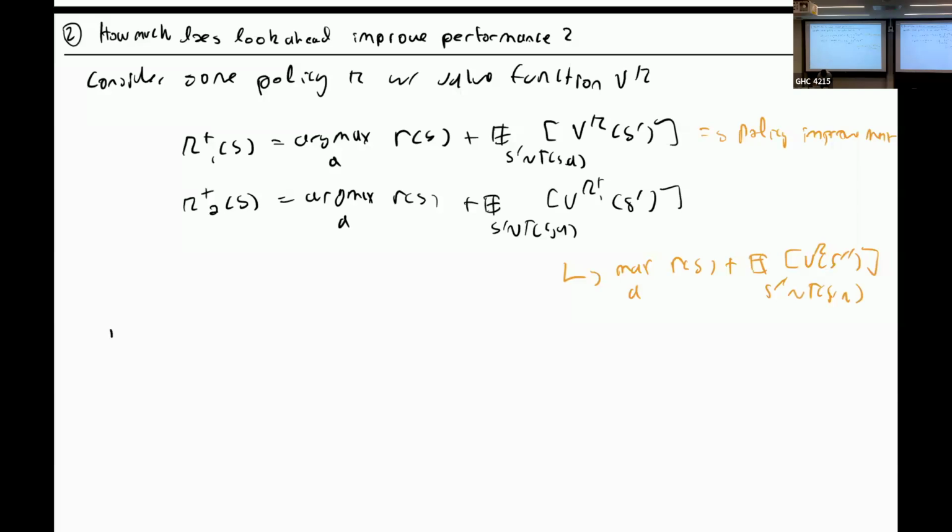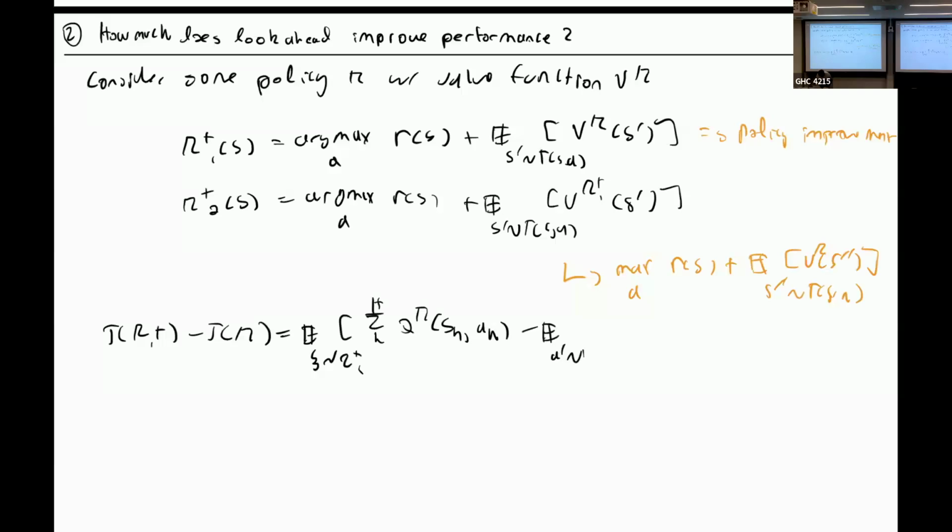So we're gonna say that J pi plus 1 minus J pi, we can write this as the expectation over trajectories drawn from pi plus 1 of the sum from little h to big H of q pi of sh ah, minus the expectation over a prime drawn from pi of sh of q pi of sh a prime.